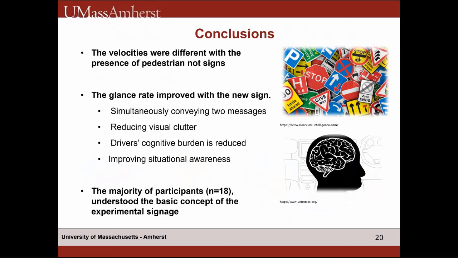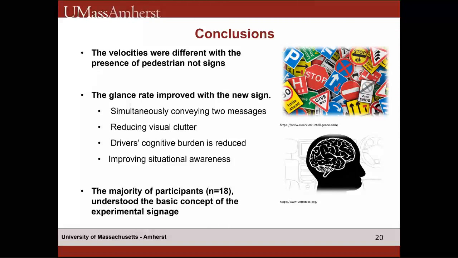So to wrap it up, we didn't find much with the speed, but we improved the glances. For the velocity, the only difference happened when we had pedestrians, not signs.